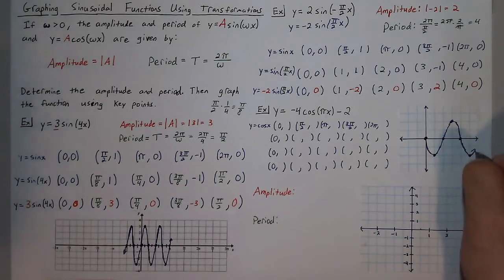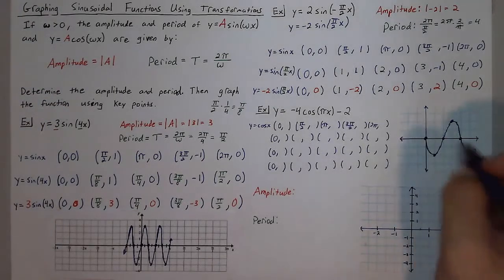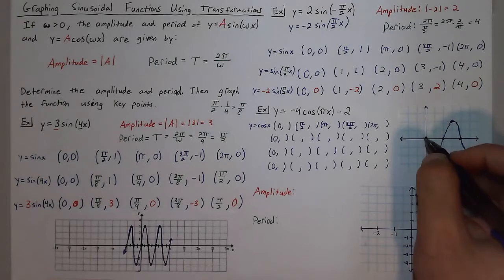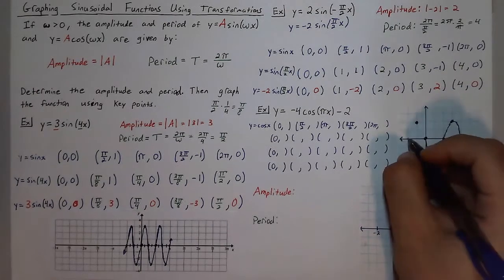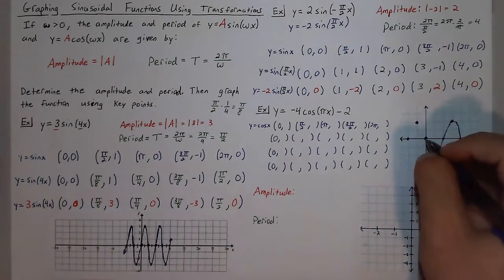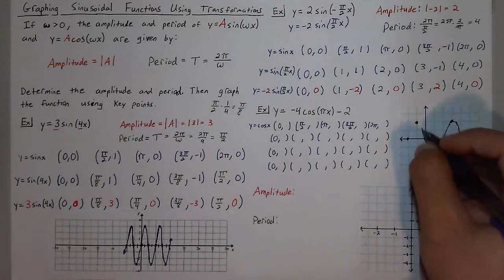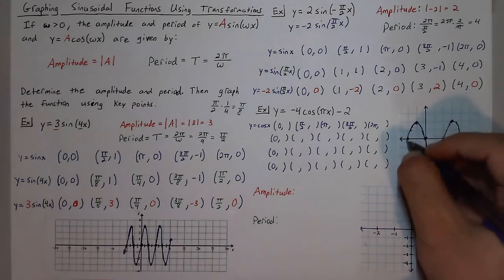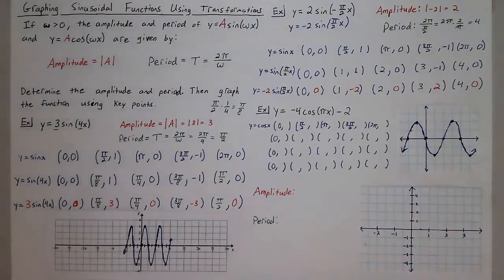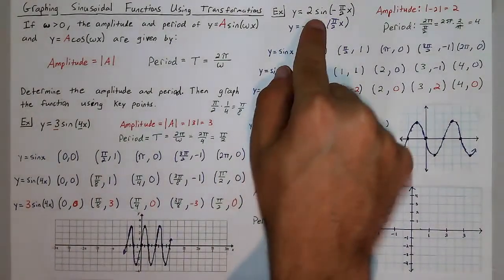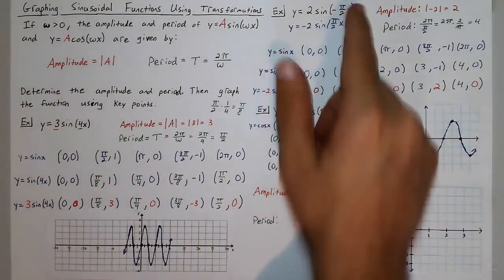And I can't quite fit 3 cycles on here, but I'm going to fit as much as I can. But going backwards, it'll be from 0 to positive 2, then back to 0. That's the graph of y is equal to 2 sine of negative pi over 2x.